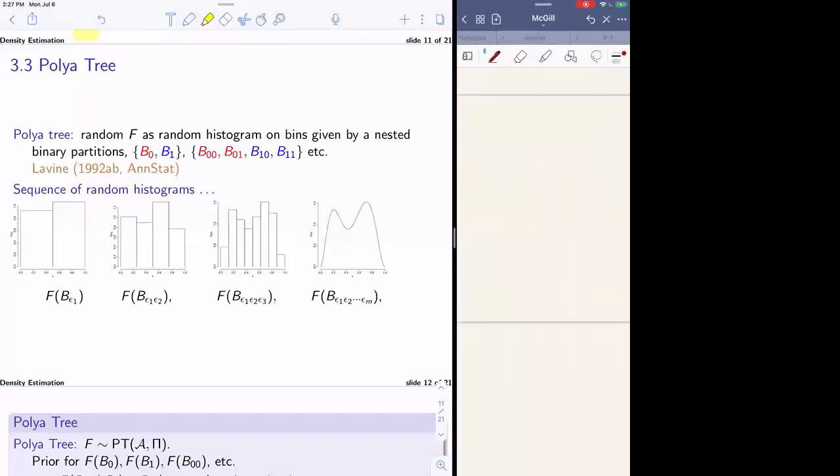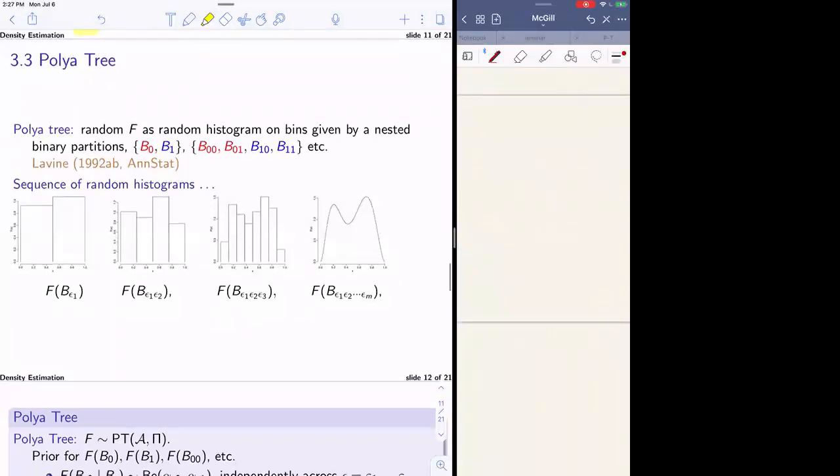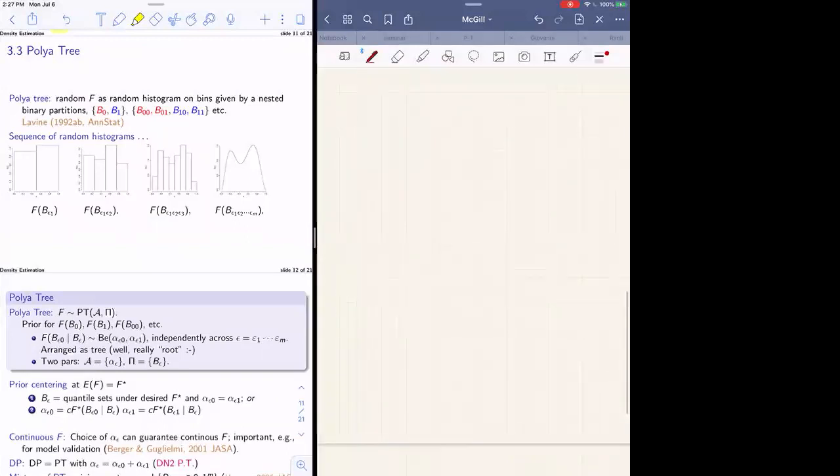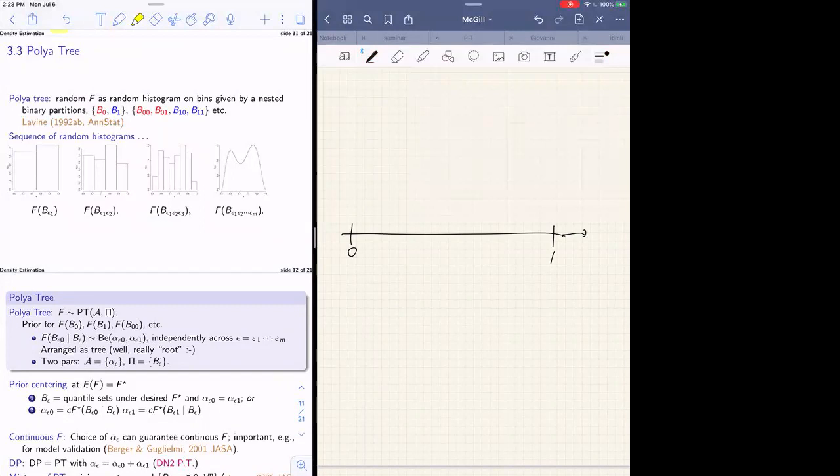How about this? We can simply draw random histograms. Like here on the right side, I'll talk you through a naive version of a random histogram. I want the prior for a random probability measure on, to make it simple, let's say the 0-1 interval, but it could really be any desired sample space. So I could simply put a random histogram.